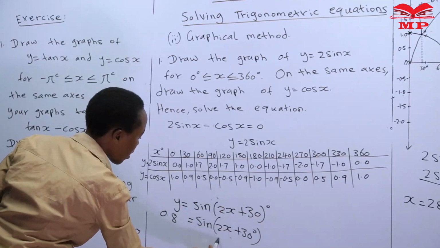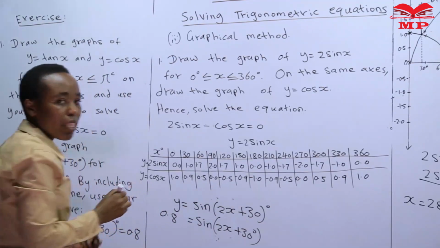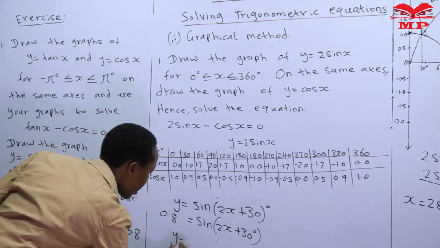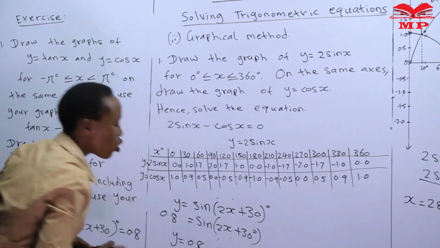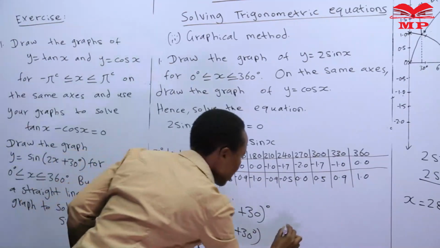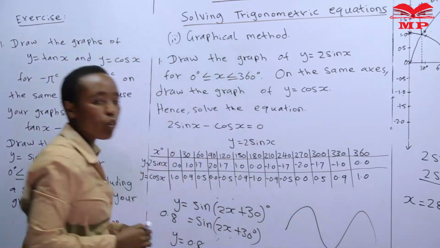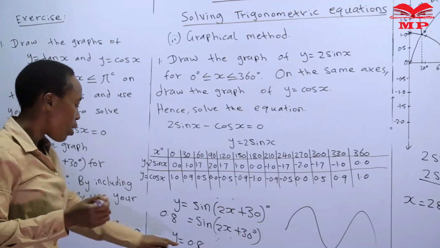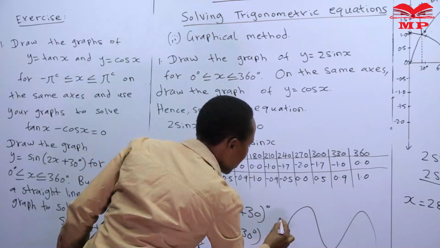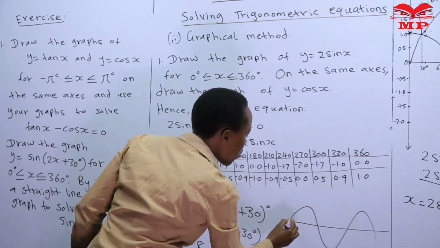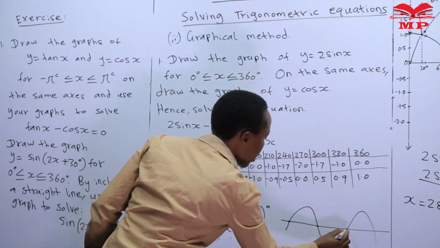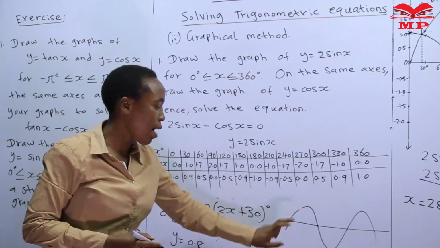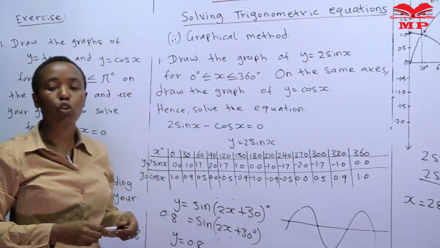And therefore, the line that you are going to plot is a line whereby y is equal to 0.8. So after plotting the curve, now you need to come and have the line y is equal to 0.8. Then you read the points of intersection of the line and the curve, and these points will give you the solution.